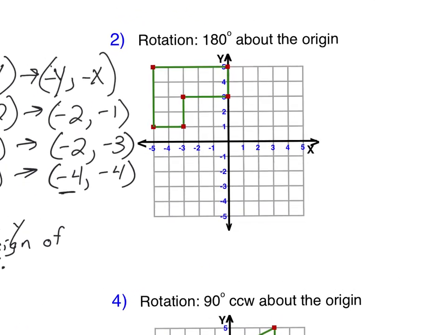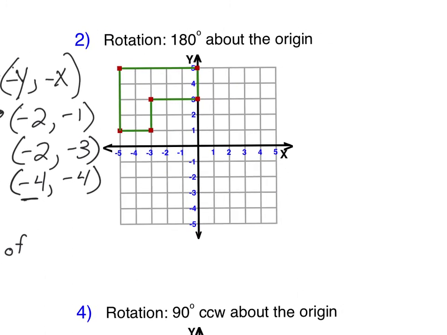Rotation 180 degrees. This means we are taking the entire coordinate plane and rotating it 180 degrees. It does not matter the direction, we talked about that the other day. Essentially, however far up the y-axis your points are, you're going to go down the y-axis that same number.